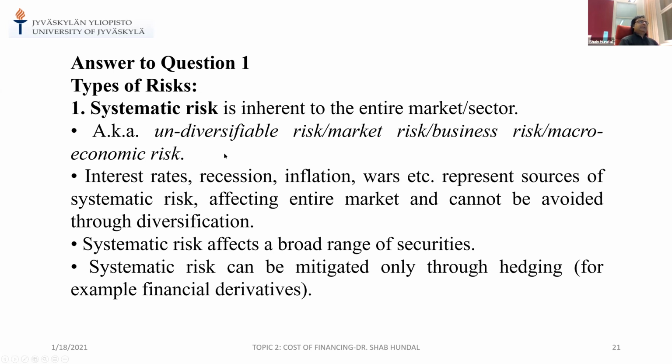Because even if you are investing in one stock in a country, or the companies in a country, or you invest in almost the entire sector or the entire market, the systematic risk would affect you. So the diversification will not be able to solve the problem. That is why systematic risk is also called undiversifiable risk.